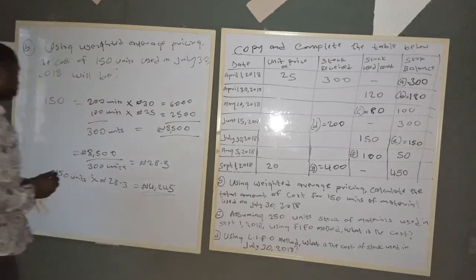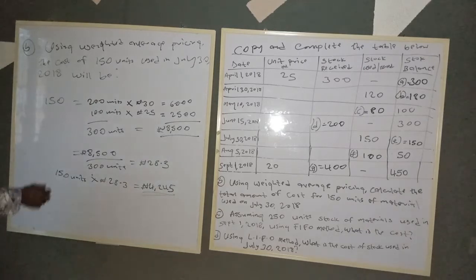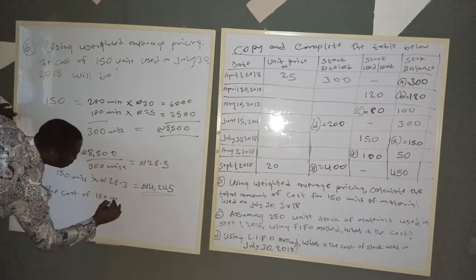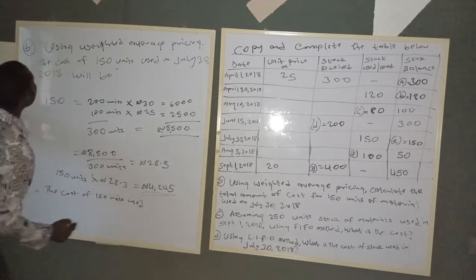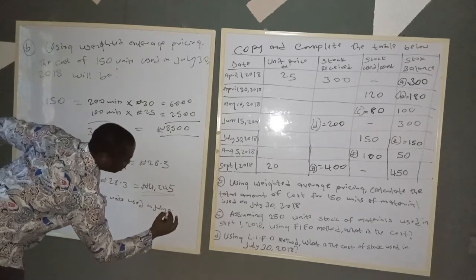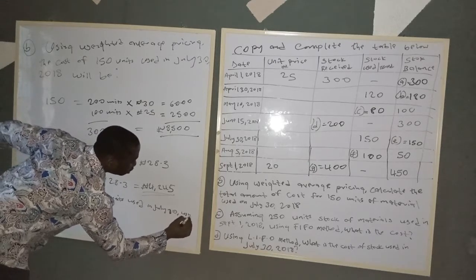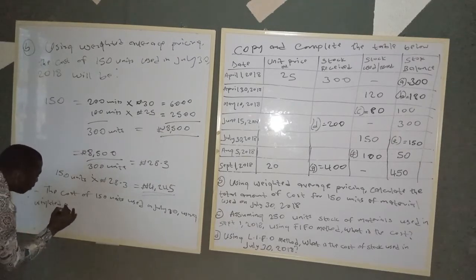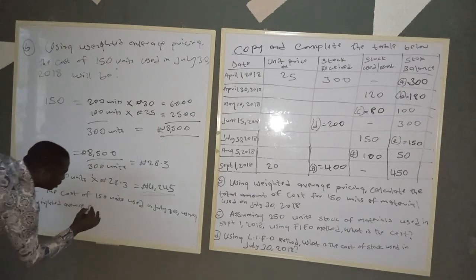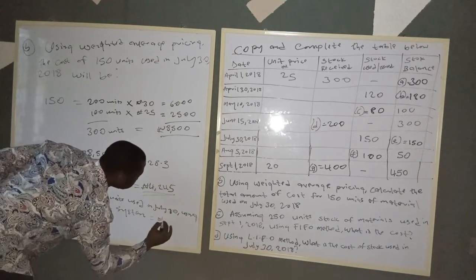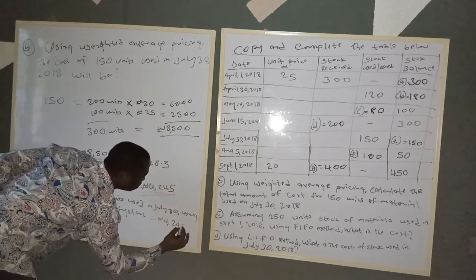4,245 naira. So this is the cost. So thereby you can now say, therefore the cost of 150 units used in July 30 using weighted average pricing system is equal to 4,245 naira.